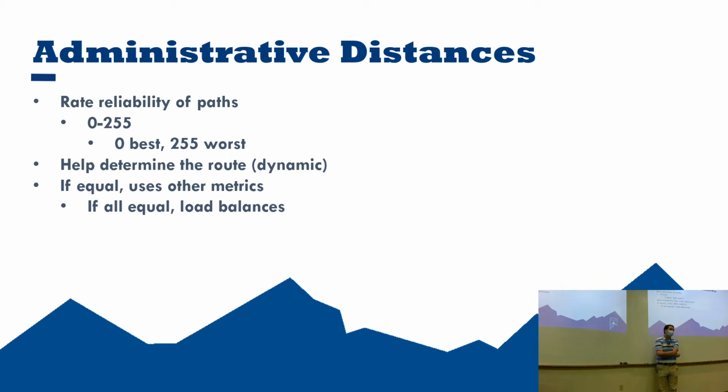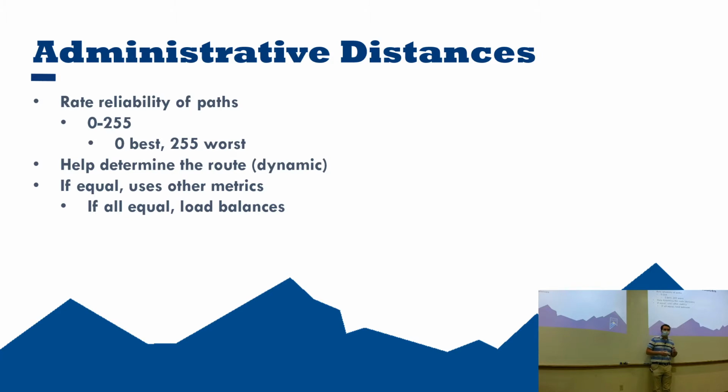In most cases, it would not be. 255, we'll talk about that in a little bit, but basically that's meaning that we don't know the path to receive, so we assign 255 to it. The book says you'll never use 255. I would disagree. I think there's some cases where you may, but it's going to be pretty rare. If you are using 255, you're going to have problems.